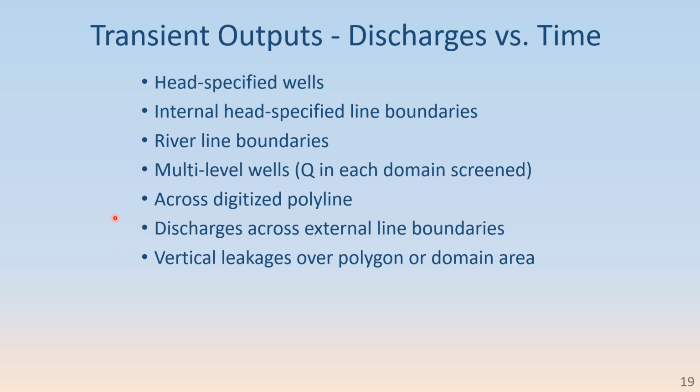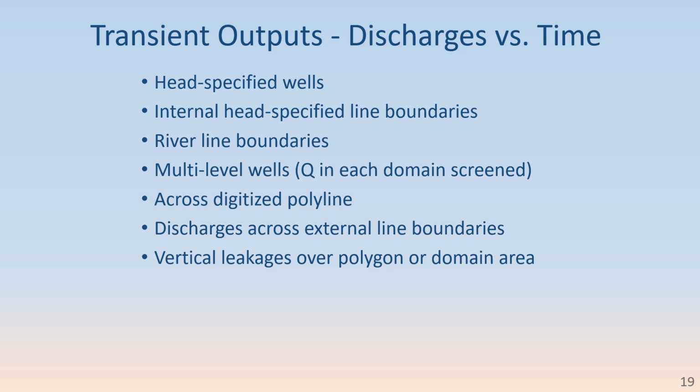And discharge across line boundaries on the external boundaries of the model, as well as vertical leakages over polygons or domains that you specify. All of these outputs can be generated either as written tables to the run log, written tables to a file, I think it's a CSV delimited file, or to a graph, and that's instant.